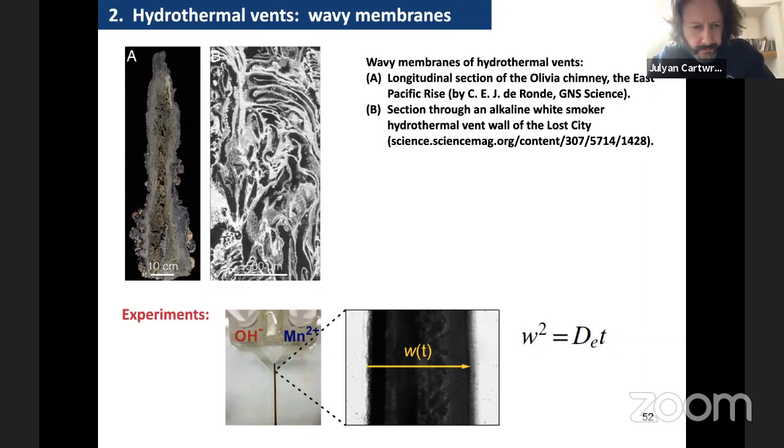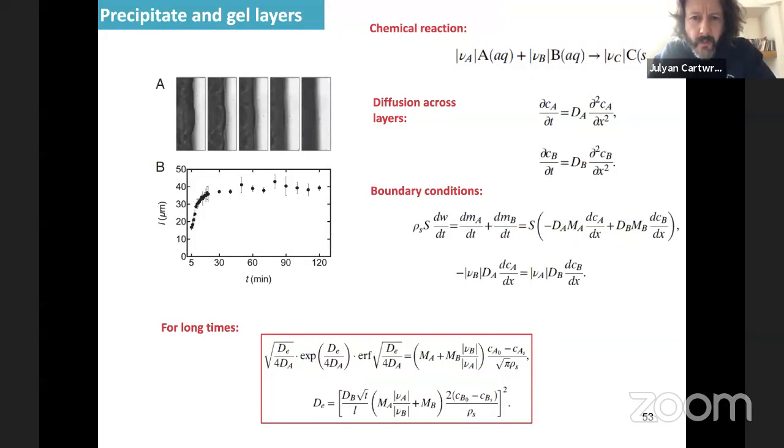And so we can look at the behavior of the precipitate over time and compare with the diffusion across the layers. If you add in the boundary conditions, then you can come up with a system of equations for the precipitate, which you see below.